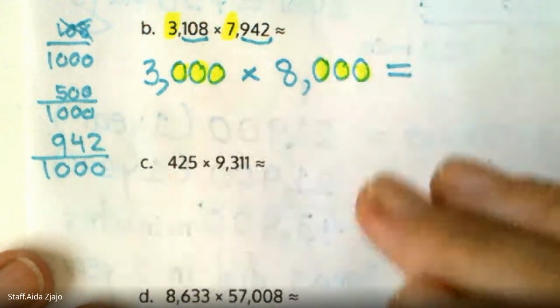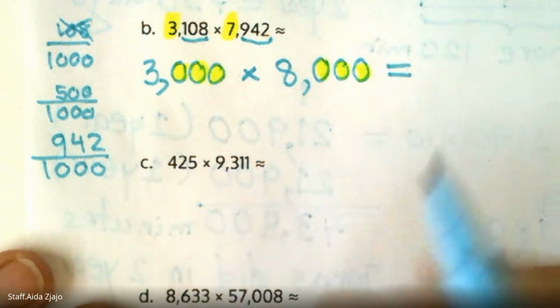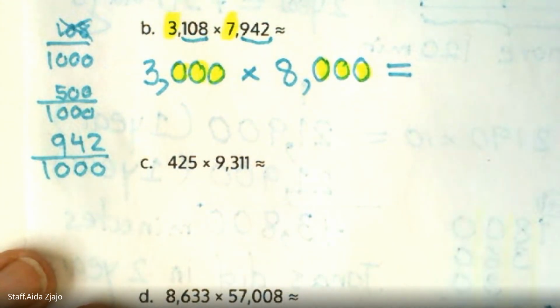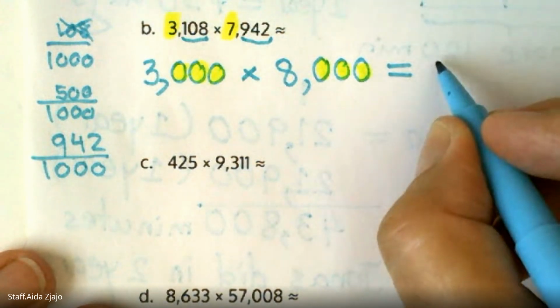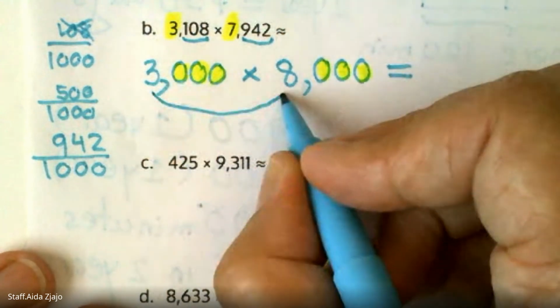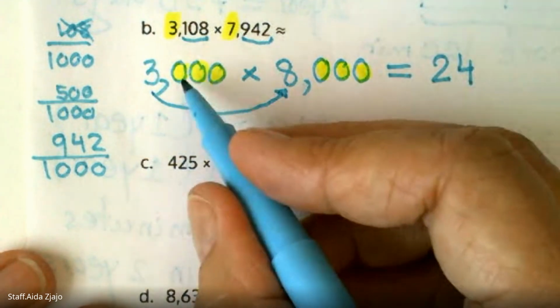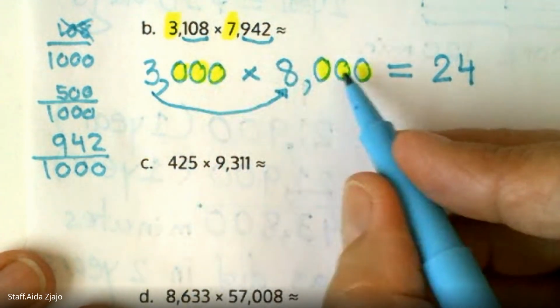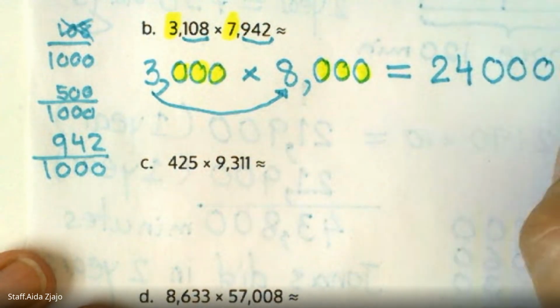Then you can say 3 times 5 is 15 and 3 times 3 is 9. So 15 plus 9 is 24. So now you can say 3 times 8 is 24. And then add 1, 2, 3, 4, 5, 6 zeros.